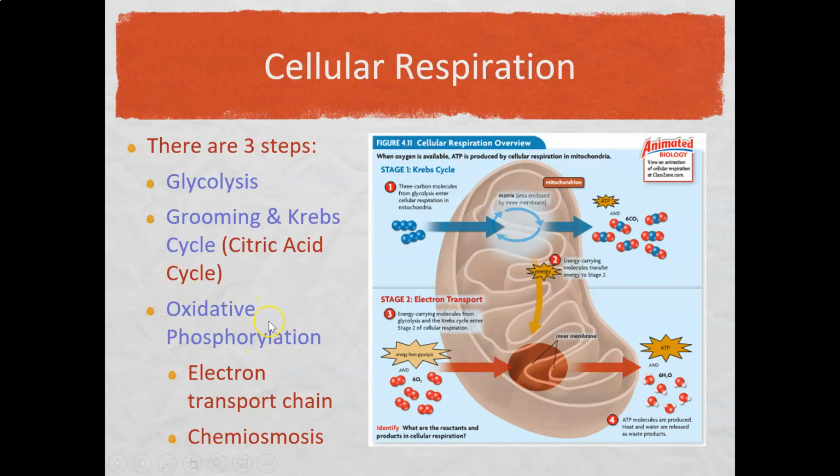And then we have oxidative phosphorylation. So we're going to go to this final piece and talk about your electron transport chain, which is part of that, and chemiosmosis. And hopefully within these terms, you see some things you recognize. That phosphorylation, we talked about that in cell transport by adding phosphates to something.